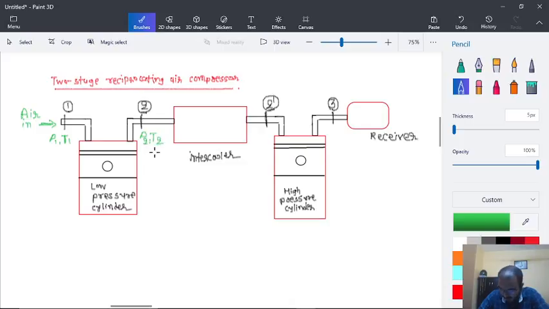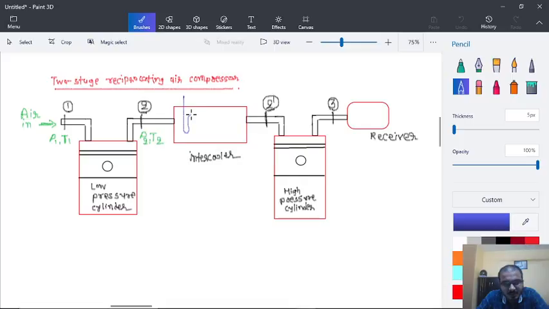In between we have this intercooler. In the intercooler, the compressed air from the low pressure cylinder is cooled with the help of cooling water. So here we need to have cooling water first, like this.